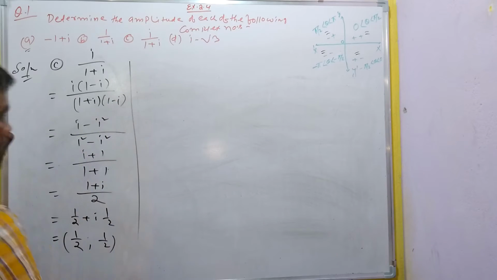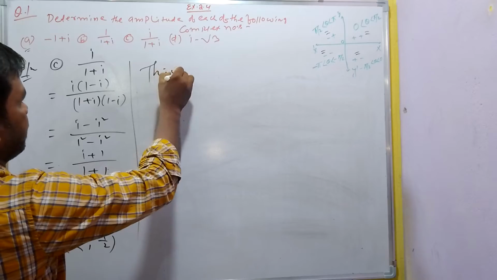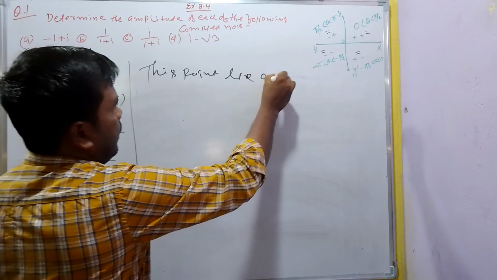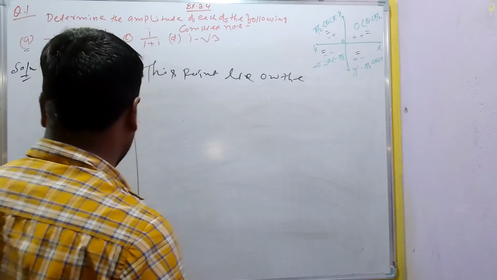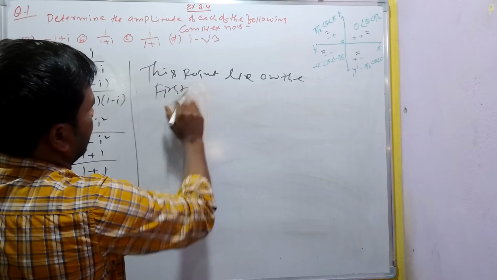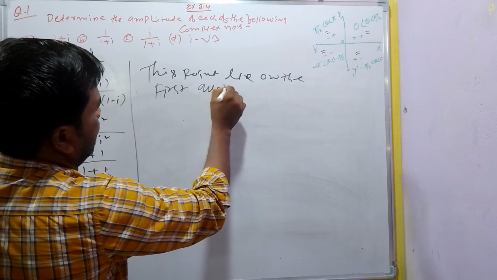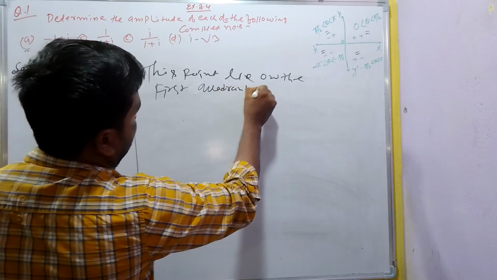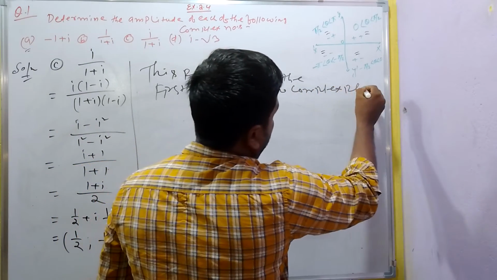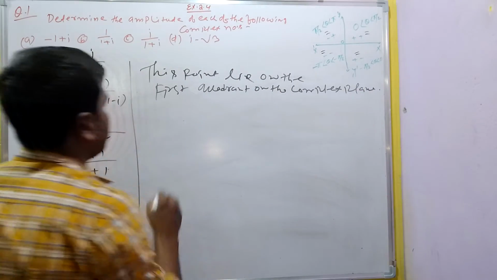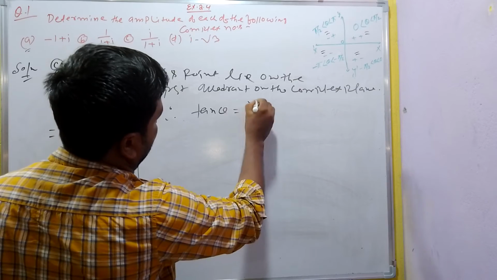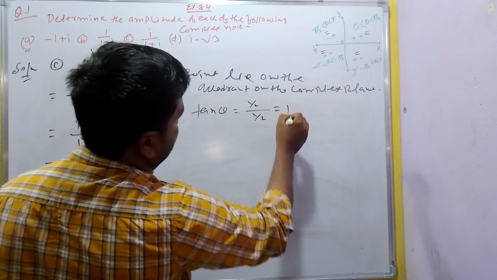Okay. Now this point lies on the first quadrant on the complex plane. Therefore, you have to write tan theta equals half by half equals 1.